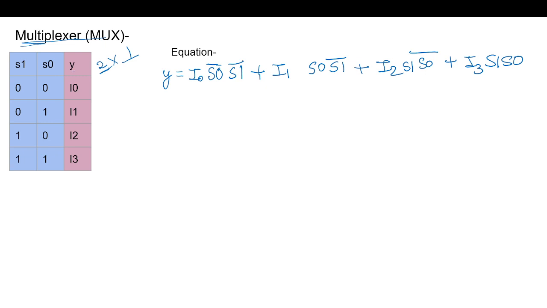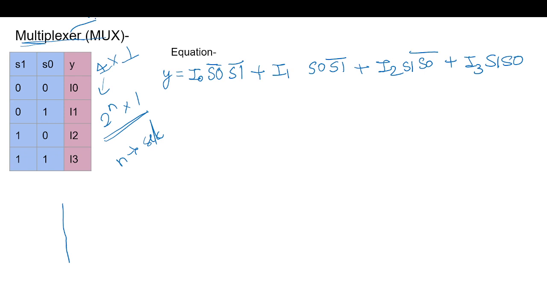Okay, so this one where we are discussing, sorry, this is 4 cross 1, 2 select lines. So here we will write 2 to the power n cross 1 multiplexer, and n is the select line.